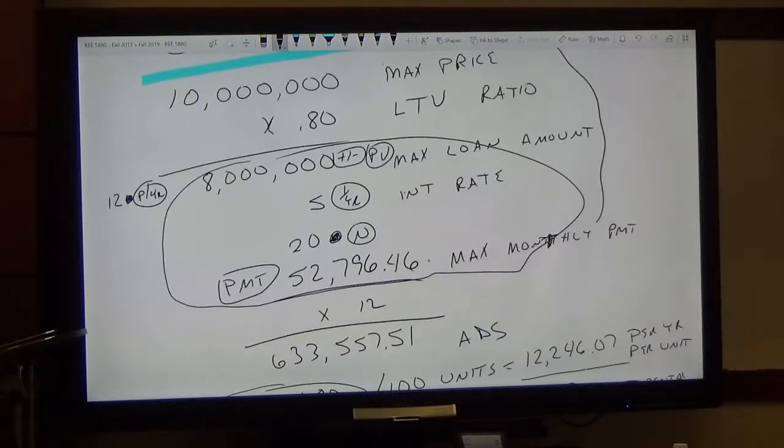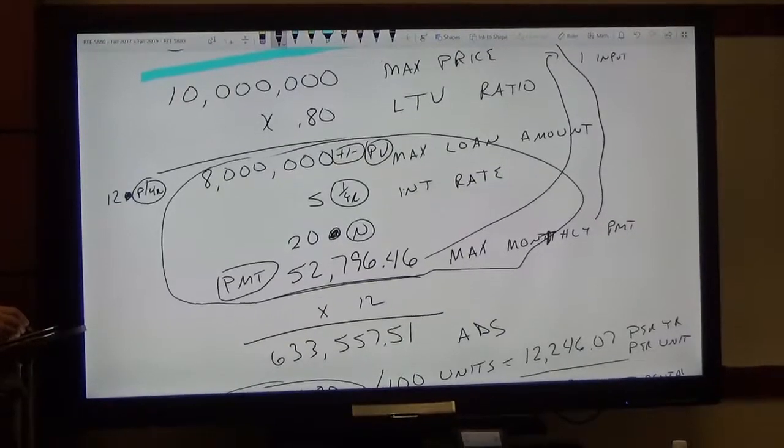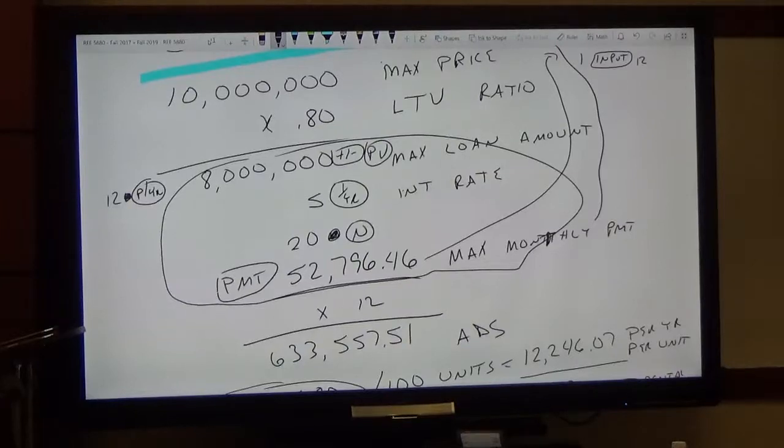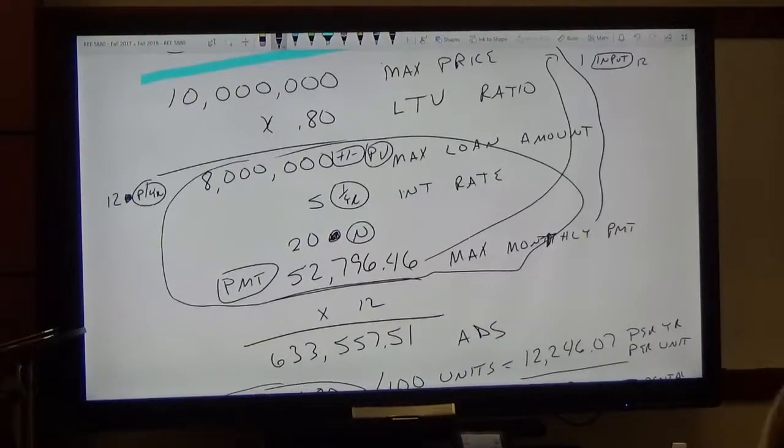But if I follow from that, and I use a function on the calculator, it's called the amortization function. All right, which will allow me to determine how much principal and how much interest I actually paid in that year. Okay. So what I'm going to do is I'm going to do 1 input 12, which is going to give me the information from month 1 through month 12.